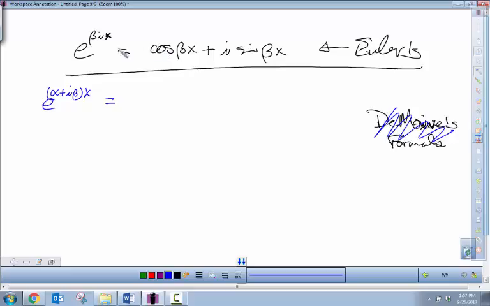Then essentially it's just going to be this thing times e to the alpha, and what we have here is our potential y function. i is an imaginary number, but it's really just a constant.